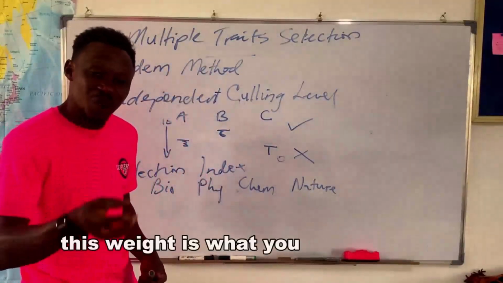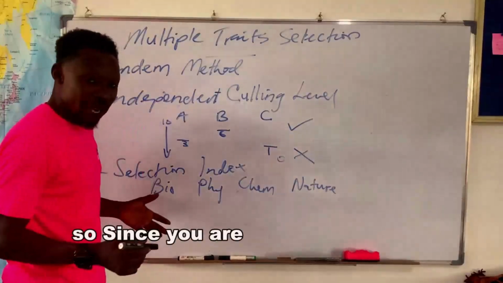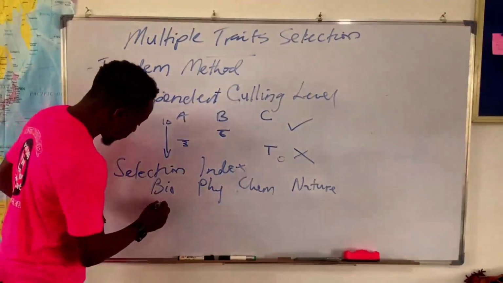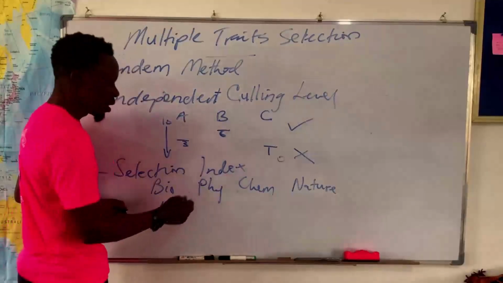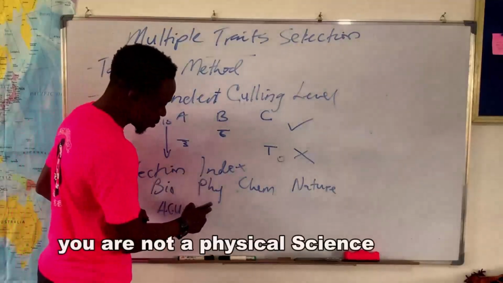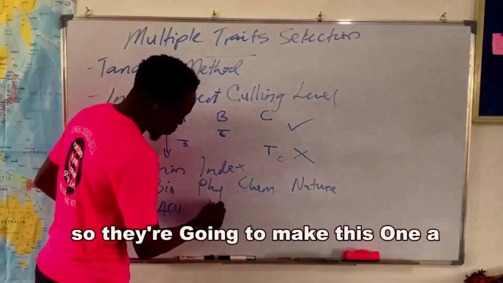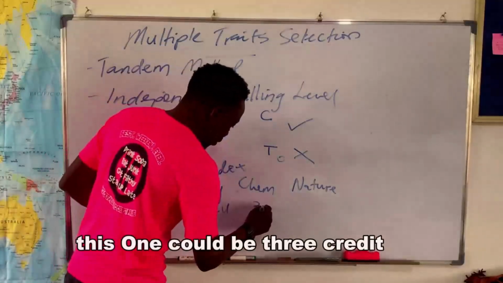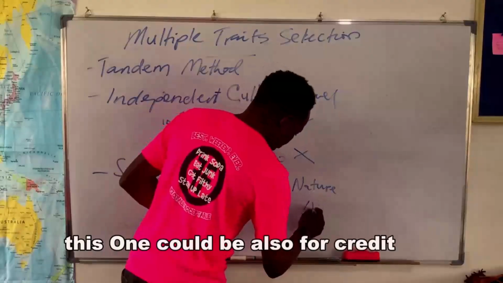This weight is what you call credit unit in your own courses. Since you are an animal science student or a biology student, they are going to attach maybe 4 credit units here. You are not a physical science student, but somehow you need this knowledge, so they are going to make this one a 1 credit load course. This one could be 3 credit units. This one could also be 4 credit units.